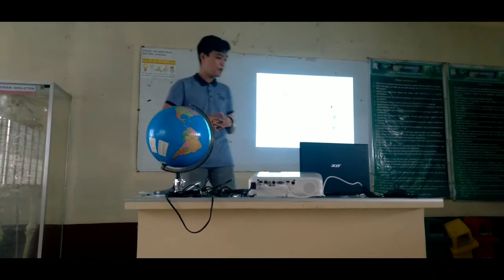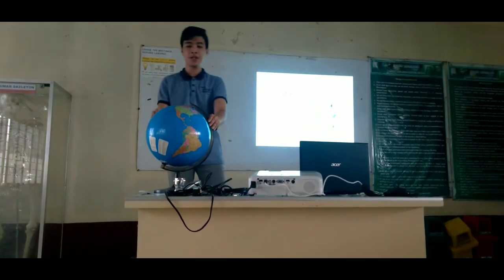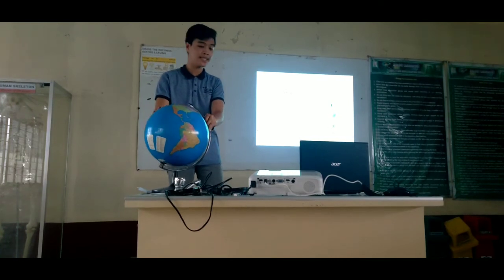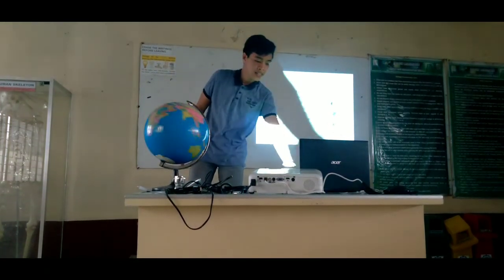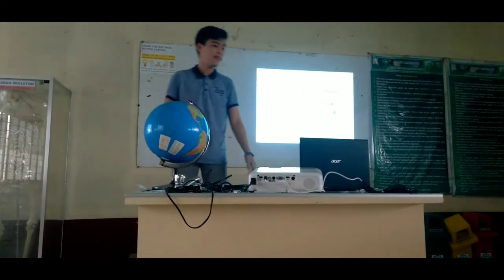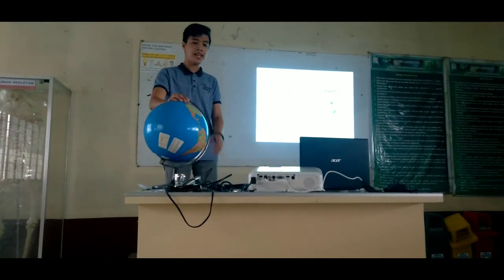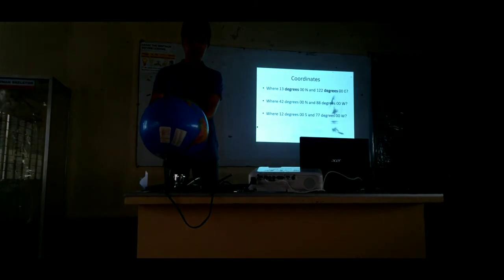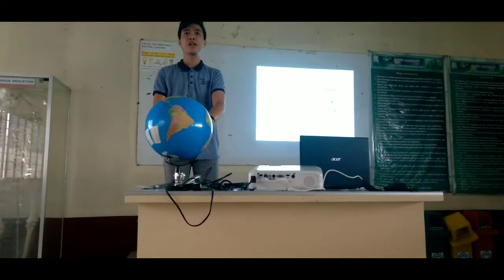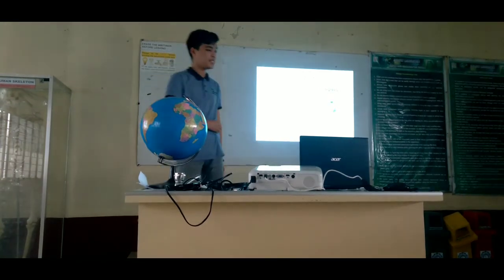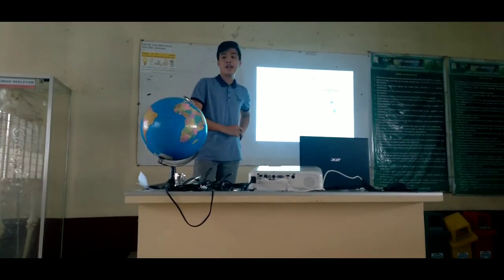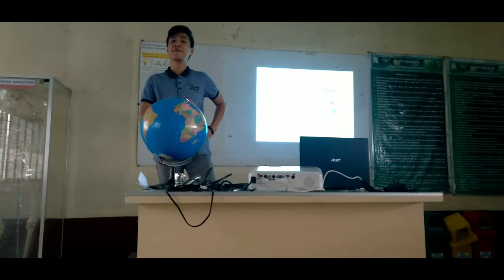So, I have here a globe. This is your basis, class, to locate a place. Here, I have given the coordinates, class, and this will be your guide. So just go in front and answer these 3 coordinates in 5 minutes.